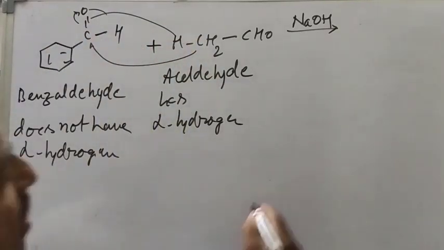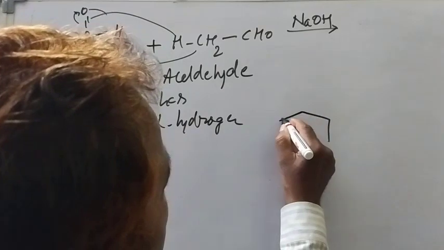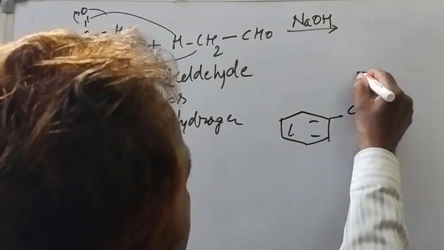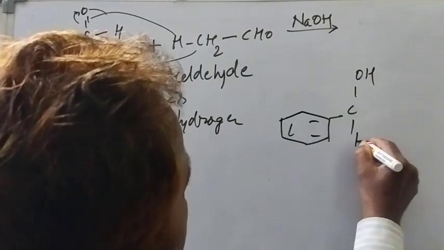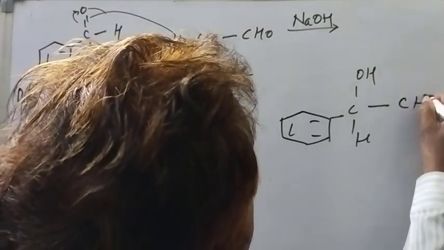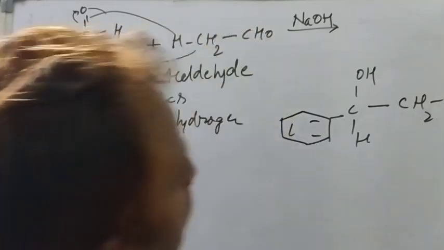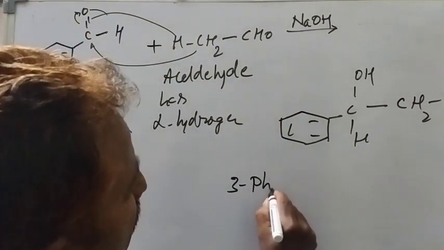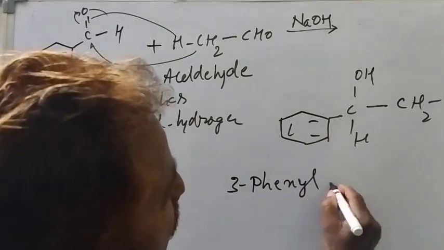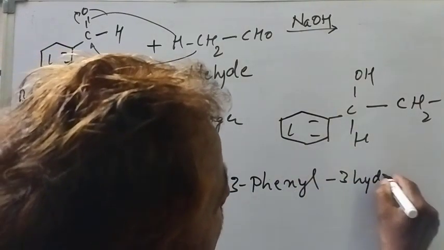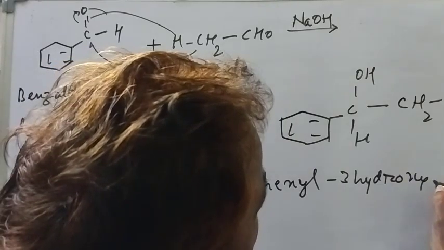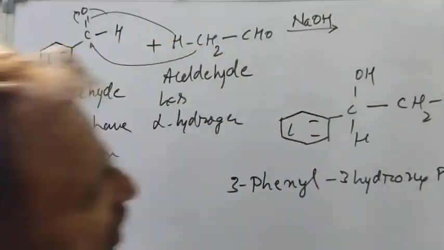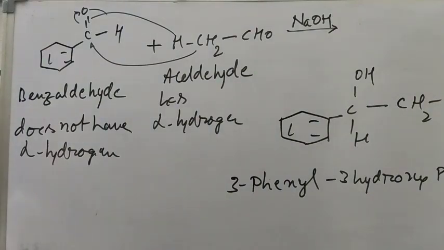Therefore, the substance is C OH, this is hydrogen, CH2CHO. So, what is this substance? Name of the substance is 3-hydroxy-3-phenylpropanal. This substance is not stable.